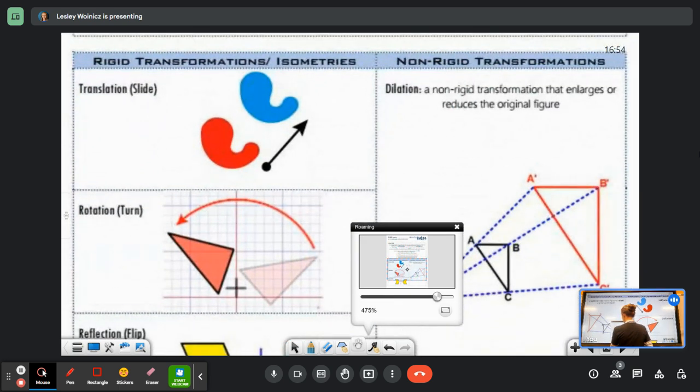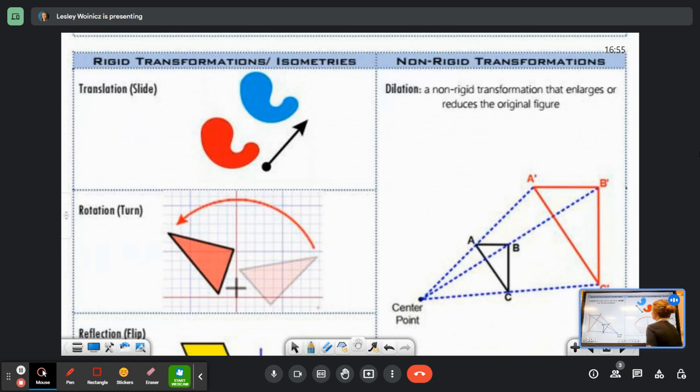So here are some examples of transformations. The ones on the left are rigid transformations or isometries. And on the right, we have a dilation, which is non-rigid. So let's talk about the rigid ones for a minute. The first one is a translation, or a slide.